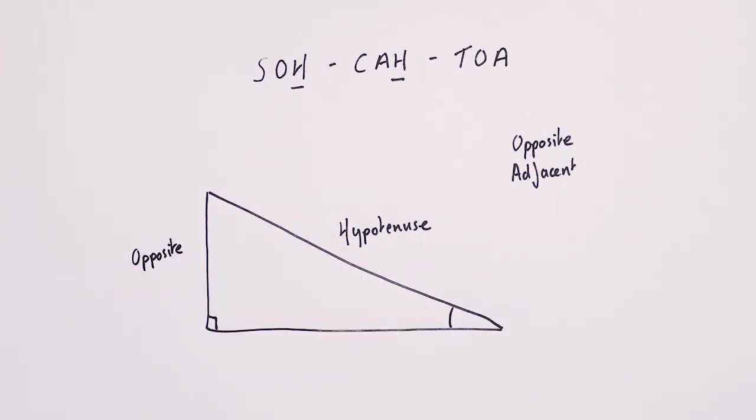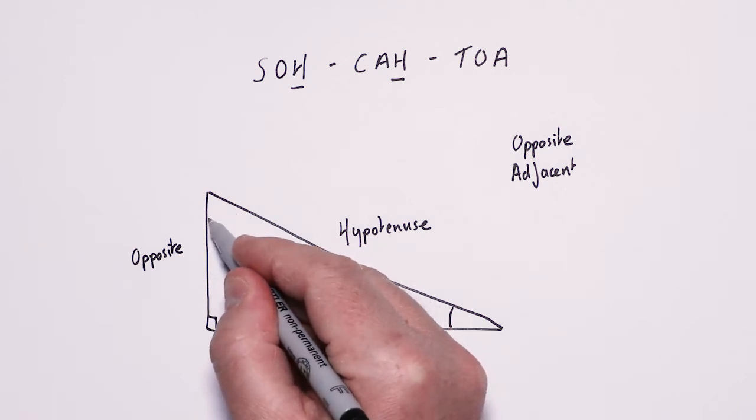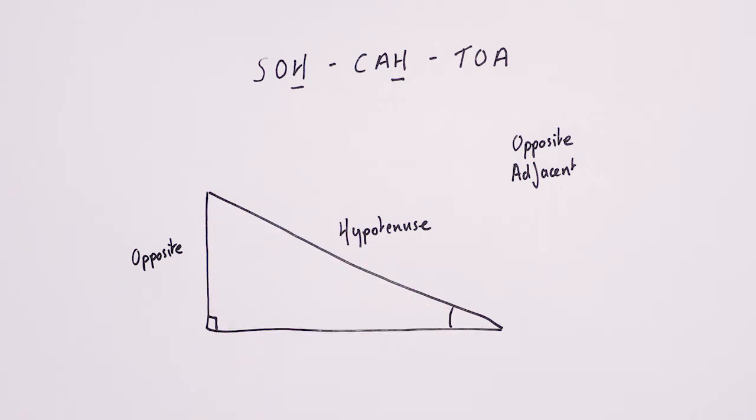And this changes. If I was looking at the angle here, this would be the opposite. So it's whatever side is opposite the angle is known as the opposite of the triangle. Now this only leaves you with one side of the triangle left, and that must be the adjacent.